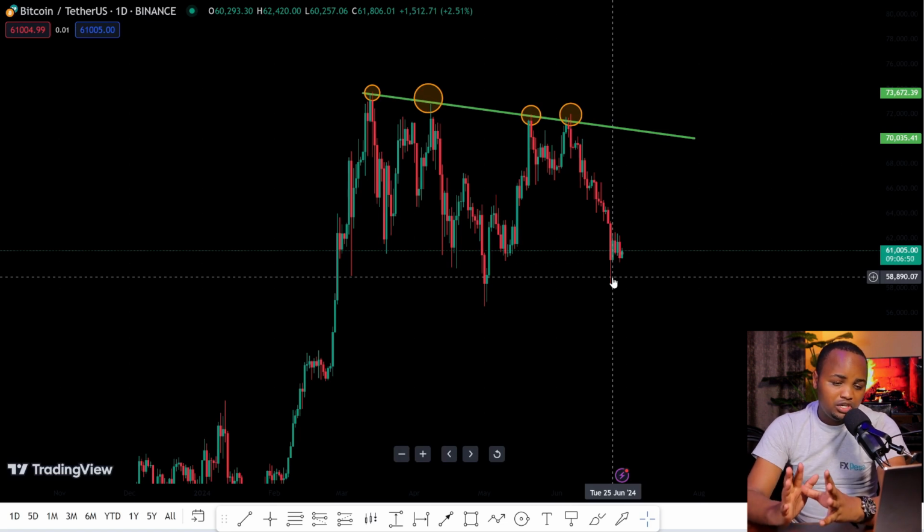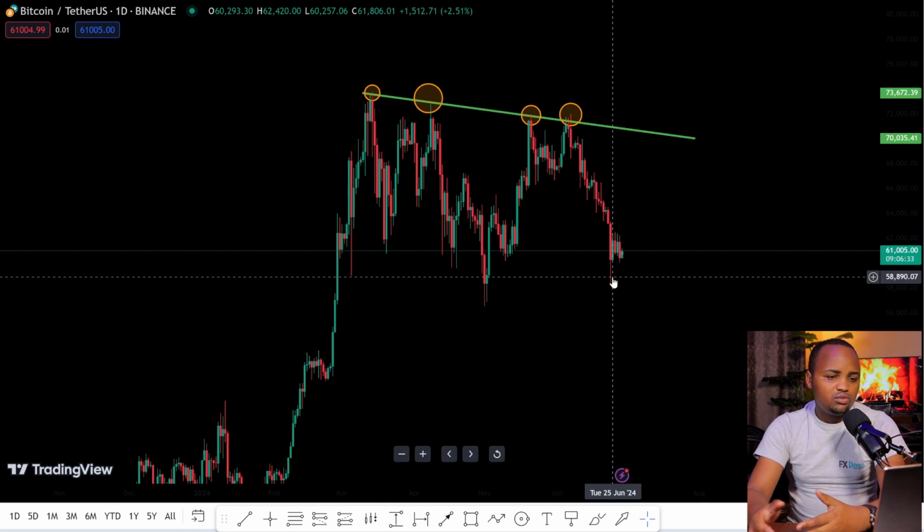And one thing I want to mention as well is that when you're analyzing Bitcoin, you can go and add some indicators. If you're using the MACD, this is your time. If you're using RSI, this is the time. If you're using moving averages, I think this is the time.